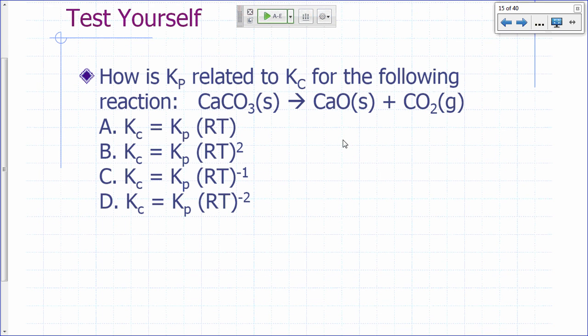All right. How is Kp and Kc related in the following reaction? Calcium carbonate solid gives you calcium oxide solid plus CO2 gas. Let's see if you do better on this one.